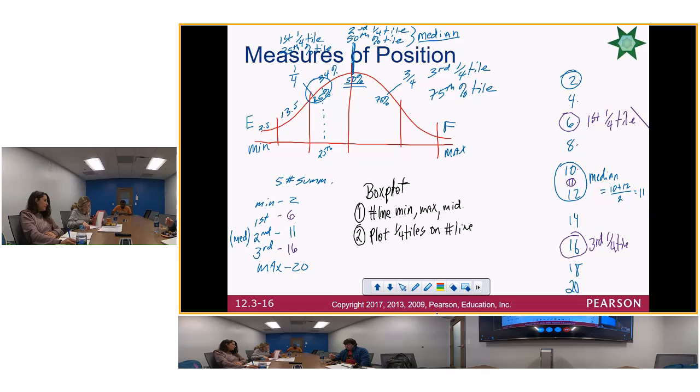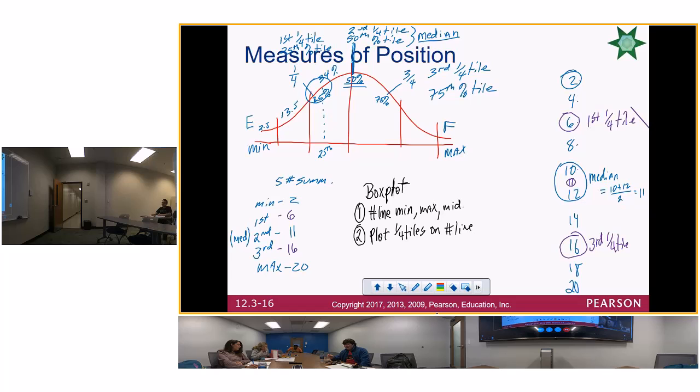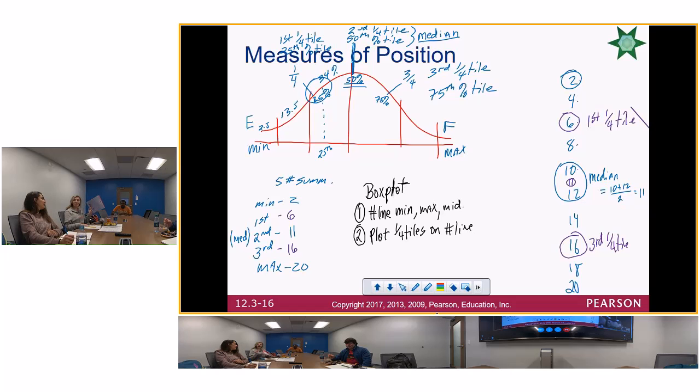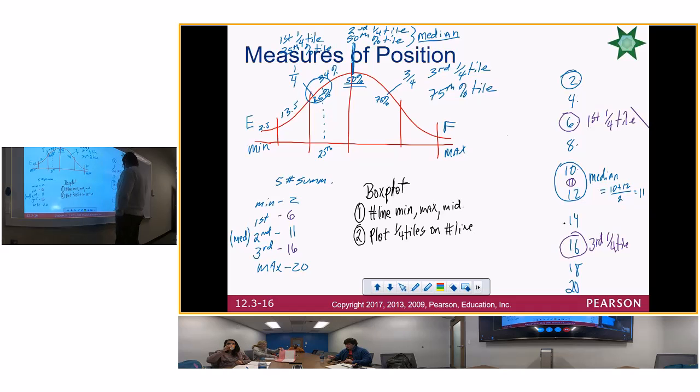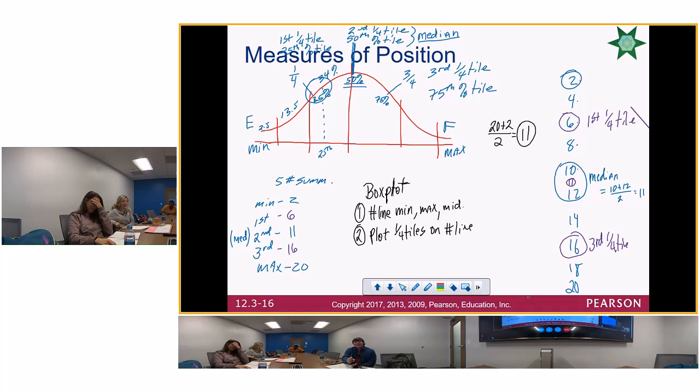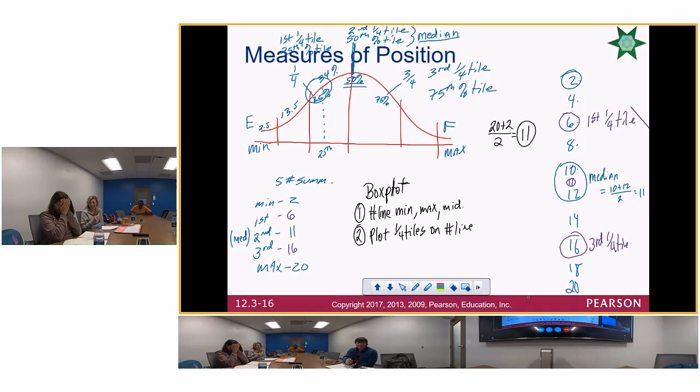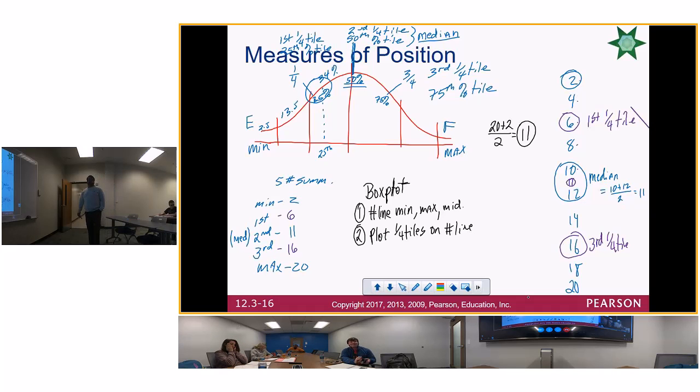Oh, God, y'all are such a disappointment. High plus the low divided by 2. I am impressed. High plus the low, so 20 plus 2 divided by 2 is equal to what? 11. So in this case, the median and the midpoint come out to be the same.